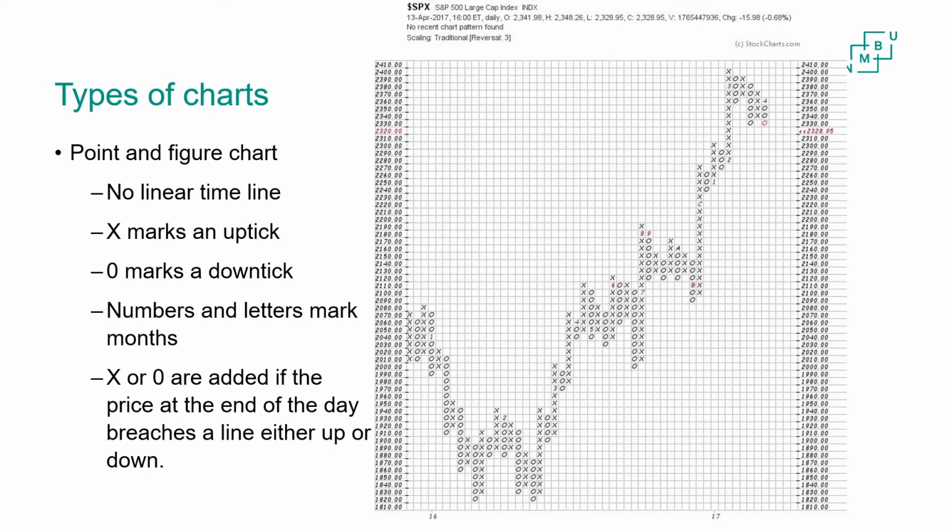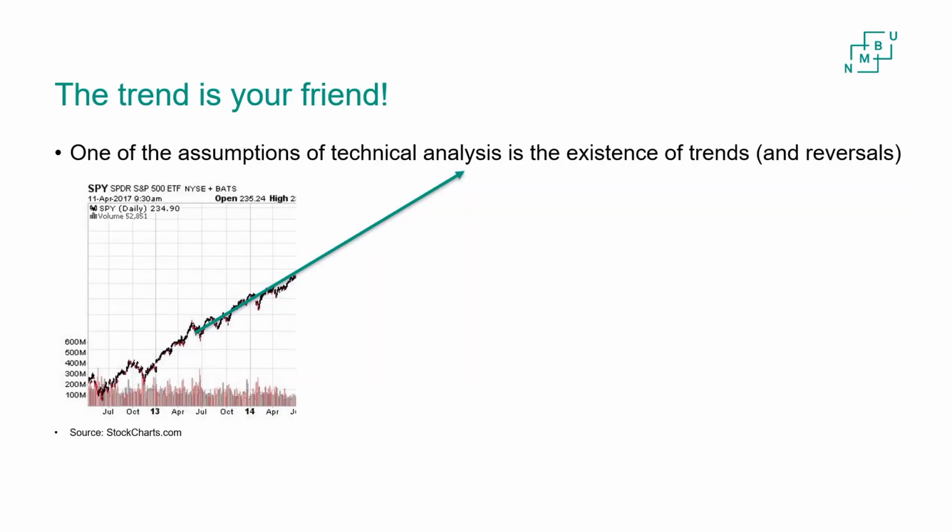The main benefit of this chart is that it's easier to get rid of noise in the signal, so that you can more clearly identify trends in the data. Key to technical analysis is the trend.